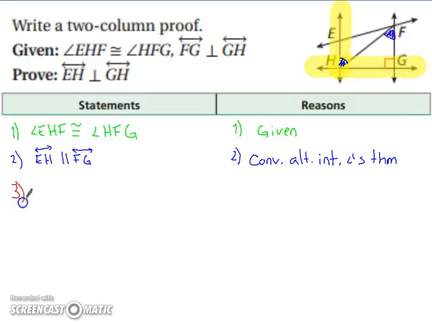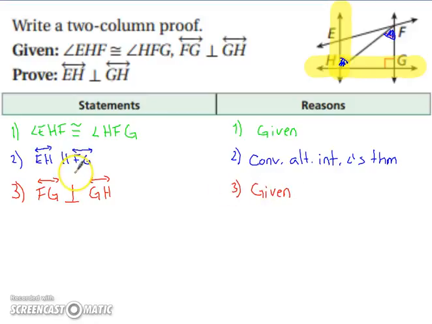Our next step: we've got our alternate interior angles giving us that two lines are parallel to each other, so now we can keep going. We can state that FG is perpendicular to GH, and we know that because it was given to us.